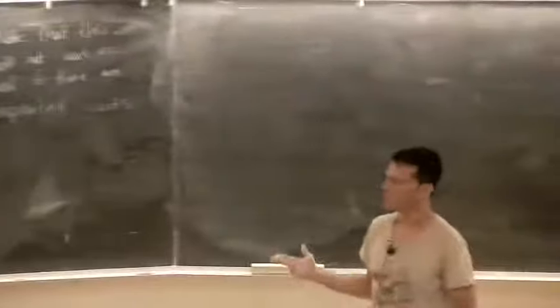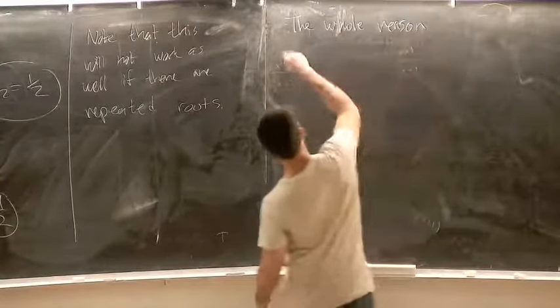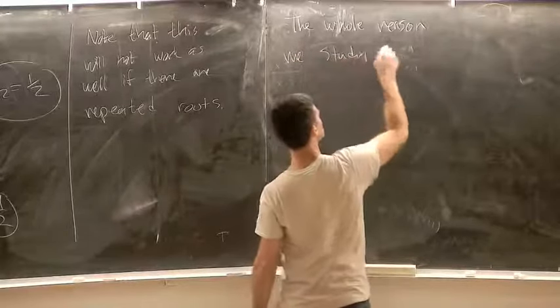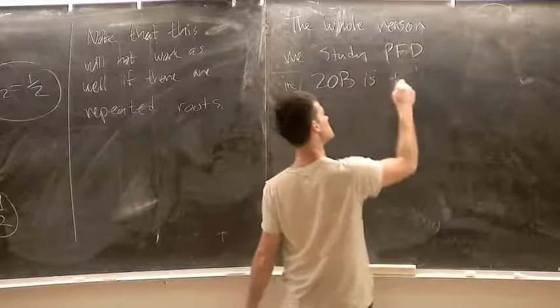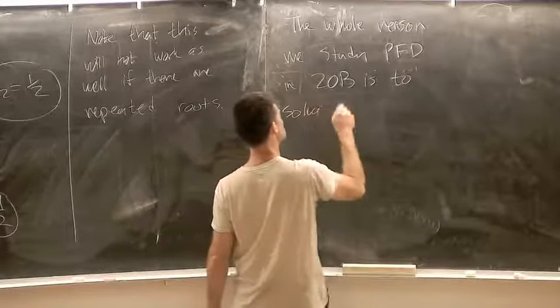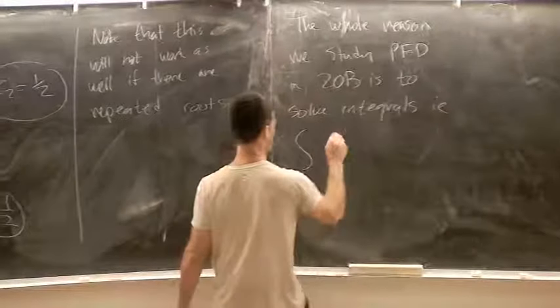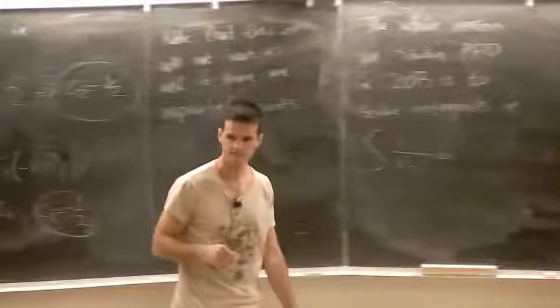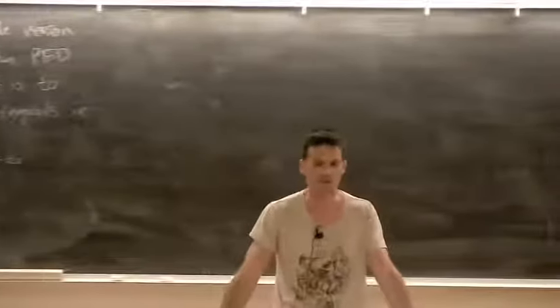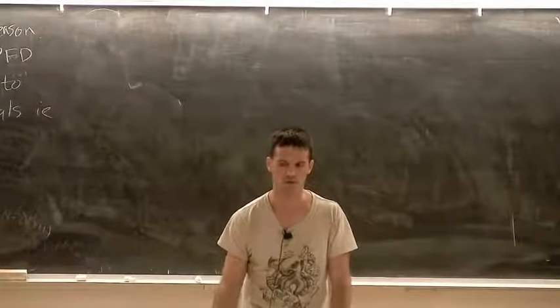So let's suppose we had to integrate 1 over x squared minus 1. Do we have a method to do this? Before learning partial fractions, could we have done this integral?